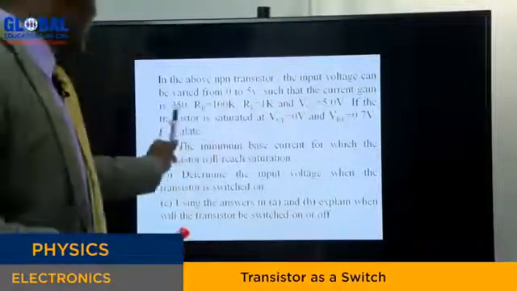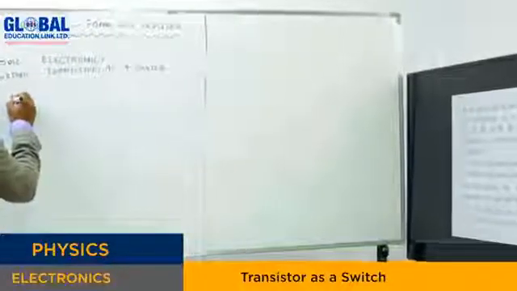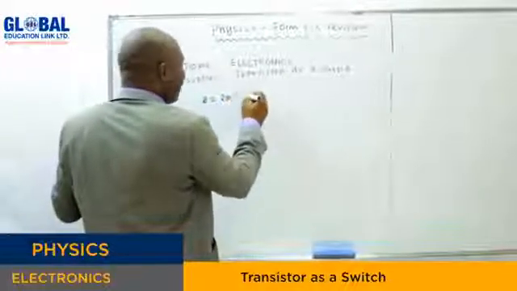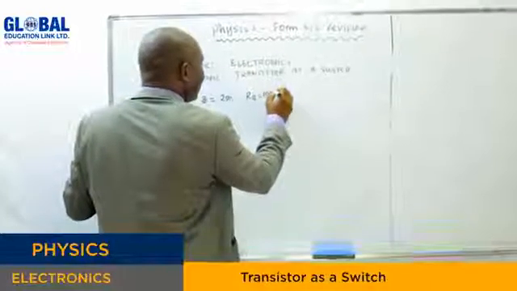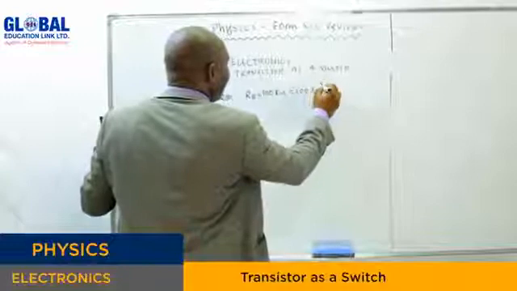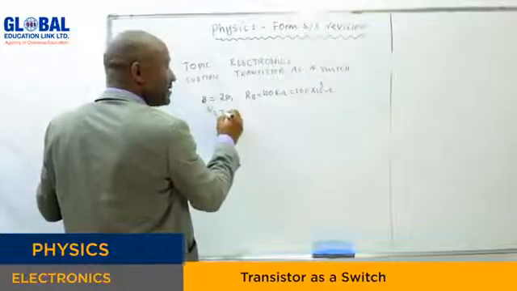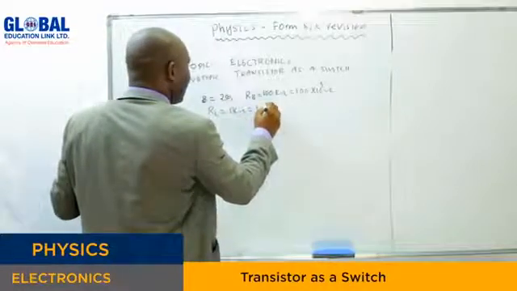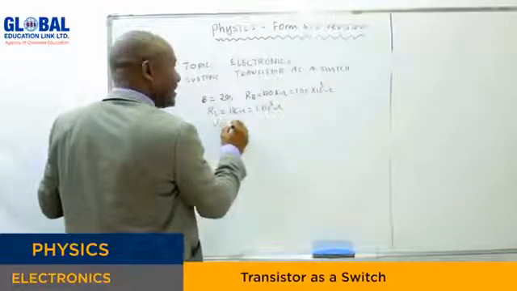The current gain of the transistor is given as 250, and the input resistance as 100 kilo ohms, which is 100 times 10 to the power 3 ohms. The output resistance is 1 kilo ohm, which is 1 times 10 to the power 3 ohms, and the supply voltage is given as 5.